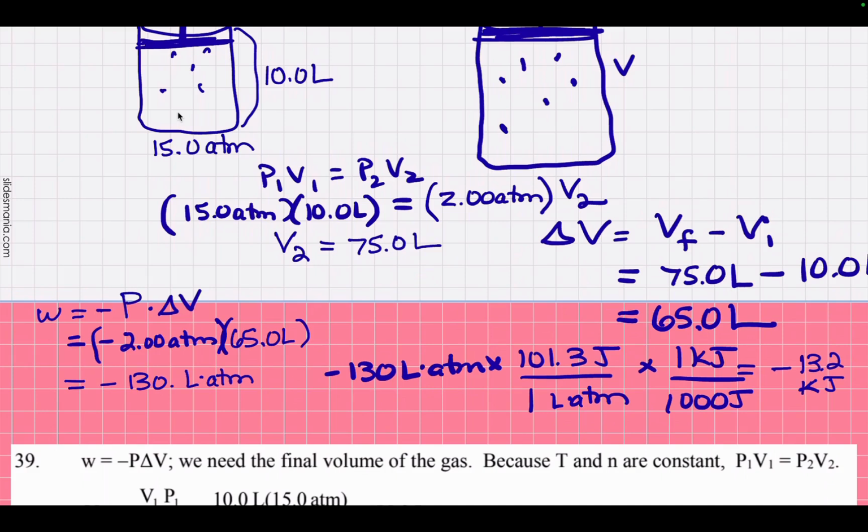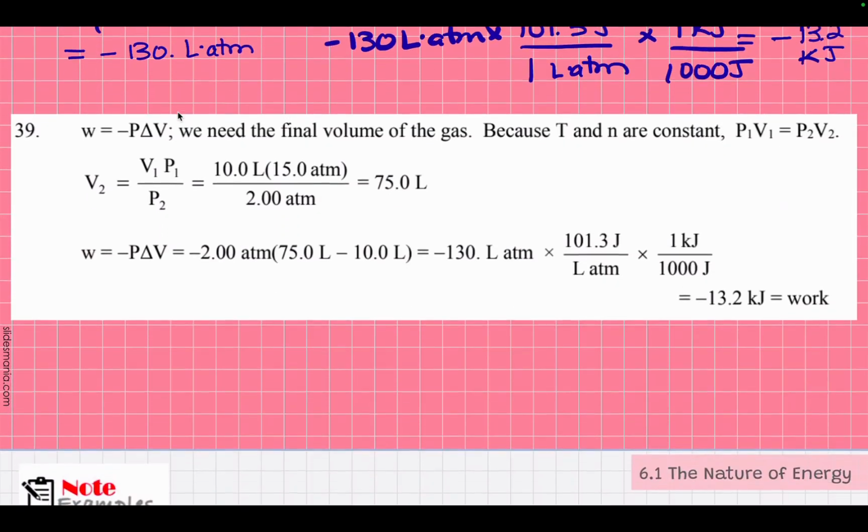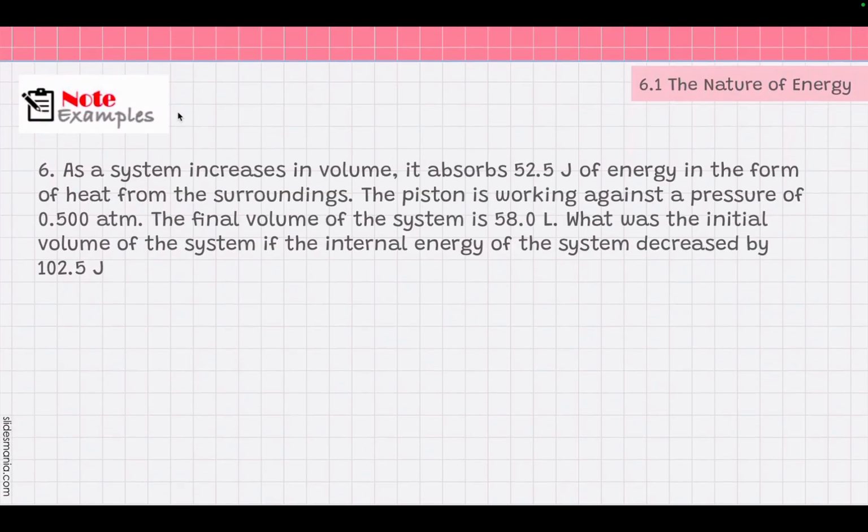I'm going to do another couple problems, so we'll keep going. And the next one is, again, we're talking about a gas and a piston, so it could definitely change volume. And we're going to say as the system increases in volume, so we're going to start at a lower volume.